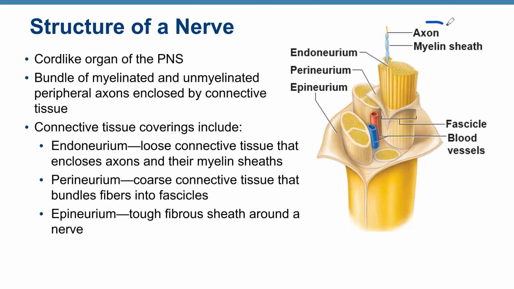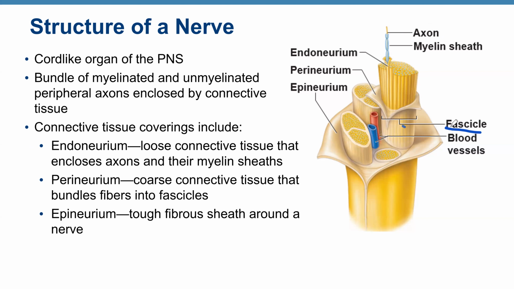So here in the picture, you can see an axon that has a myelin covering, and then the connective tissue covering around axons is endoneurium. Now, those fibers are organized into fascicles or bundles.